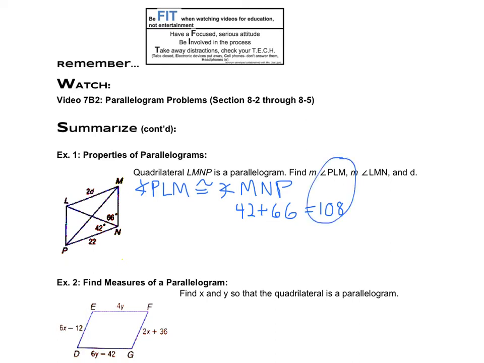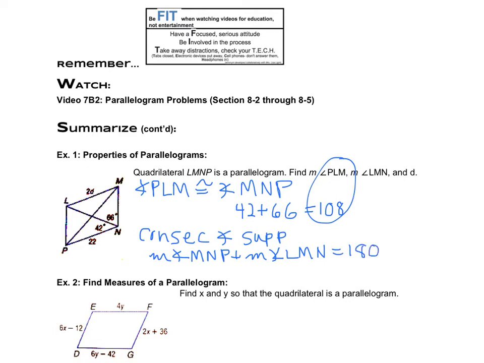To find LMN, we know that consecutive angles, remember, so those are the ones of the parallelogram that are one right after another, are supplementary. And so I can say that the measure of angle MNP plus the measure of angle LMN has to equal 180. That's what supplementary means.